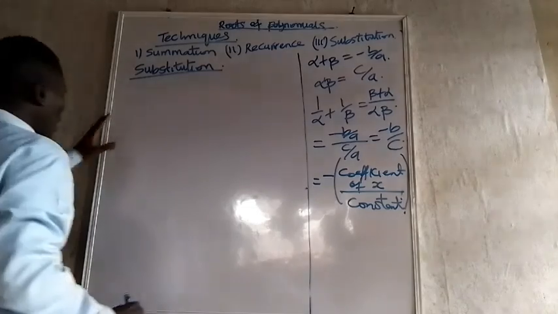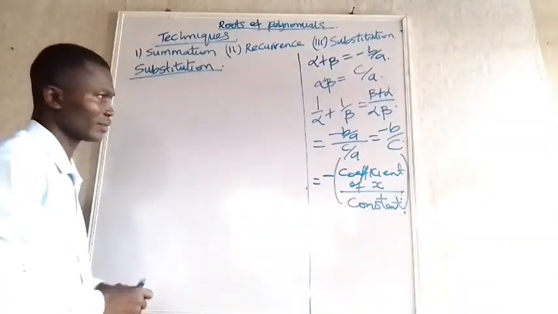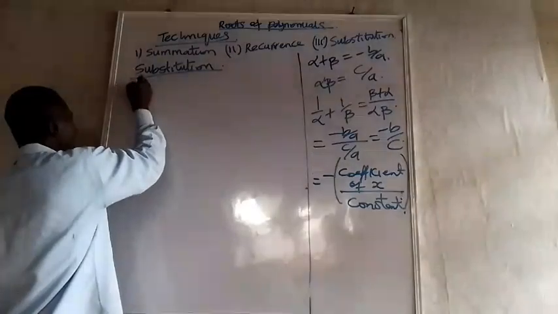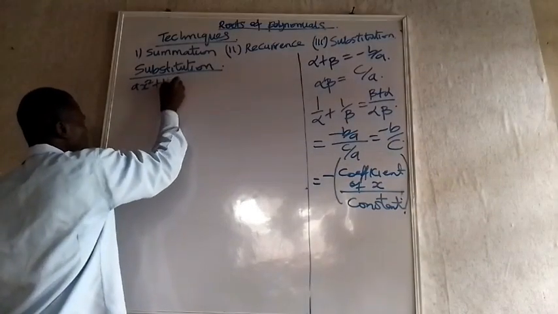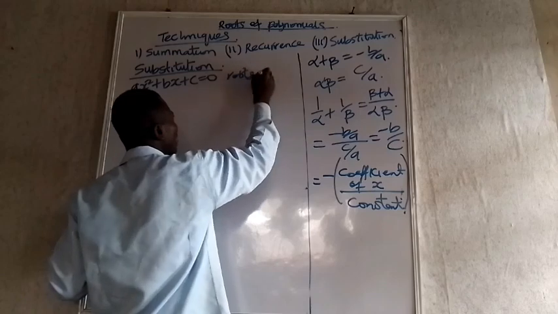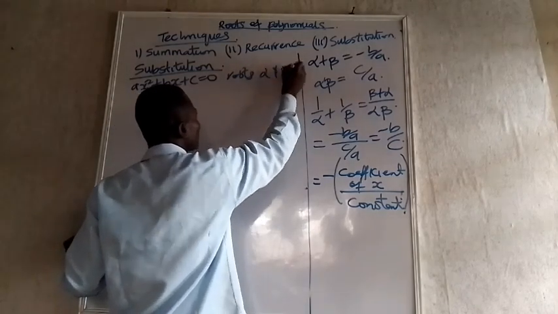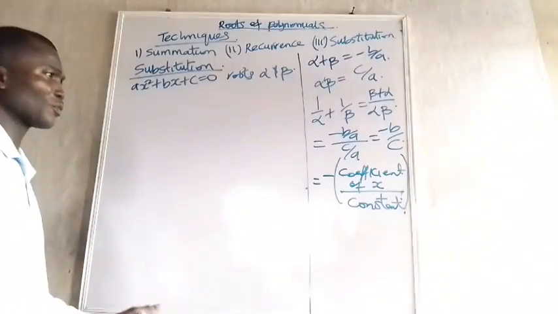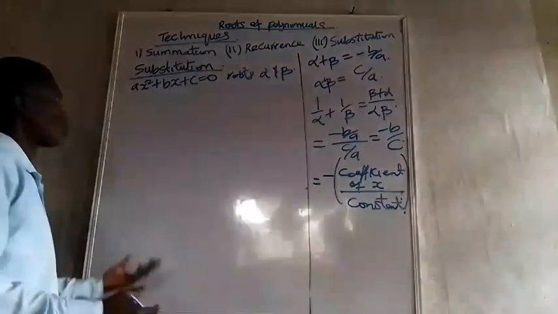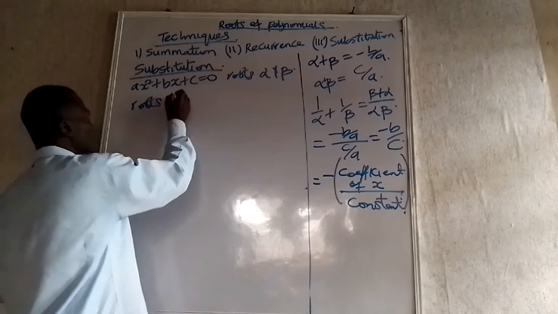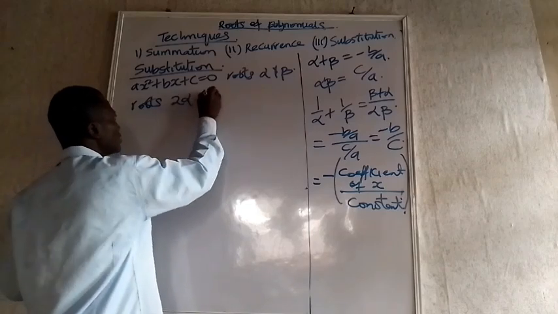Now, under substitution, this is also very easy. As I have been saying, let's say we have a quadratic equation ax squared plus bx plus c equals 0, and the roots alpha and beta. Now we are talking about substitution. Assuming we have to find another quadratic equation with roots 2 alpha and 2 beta.